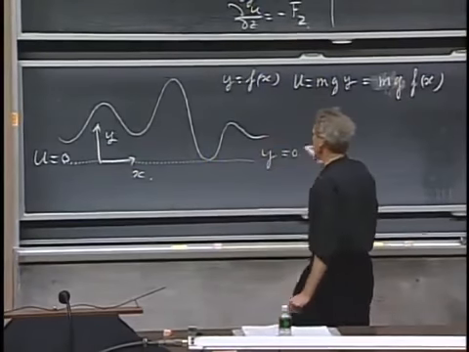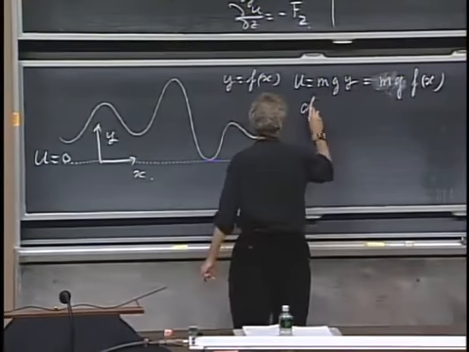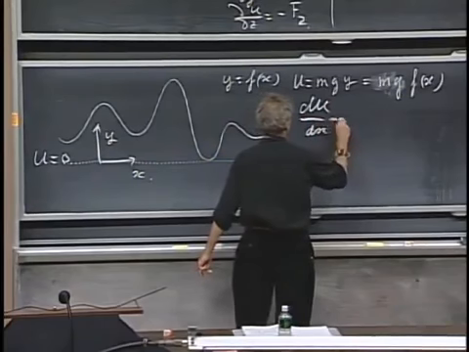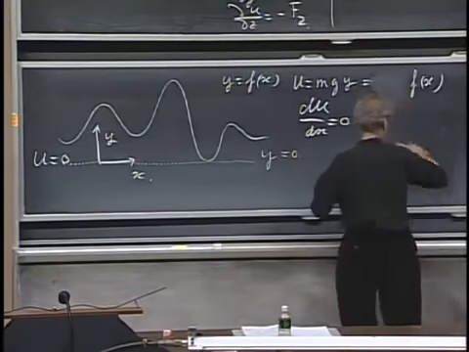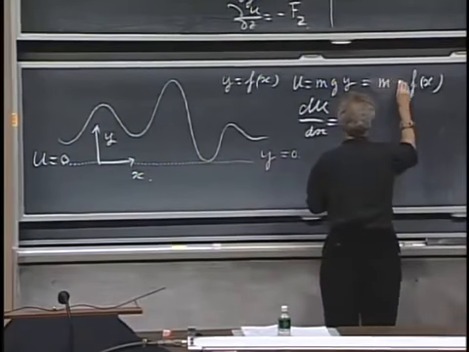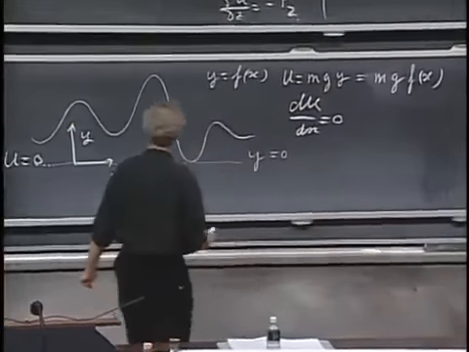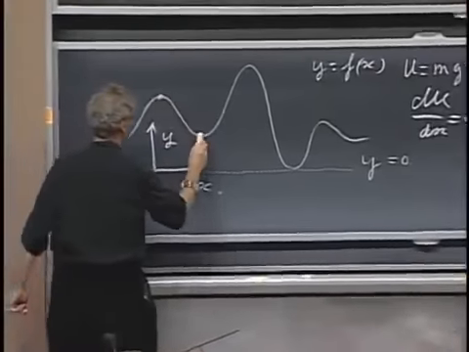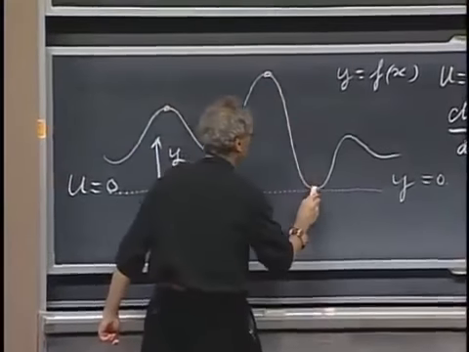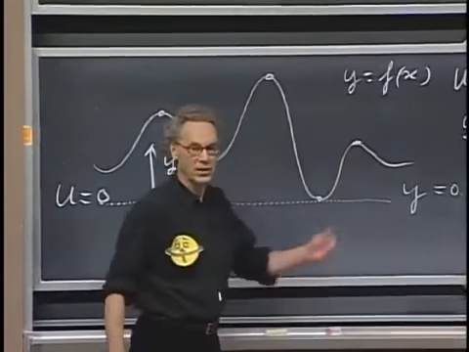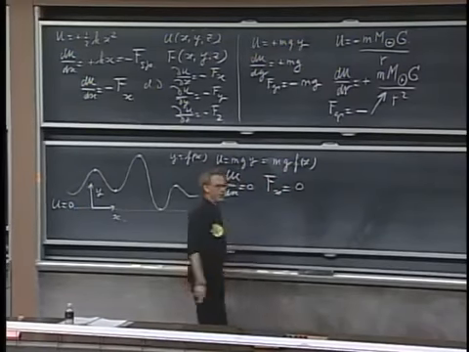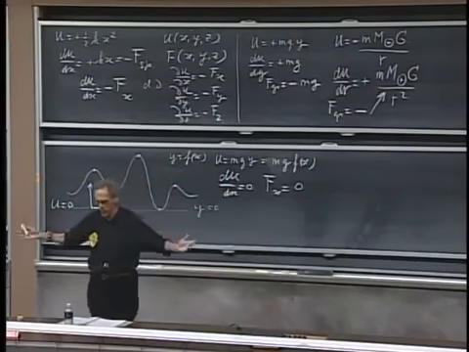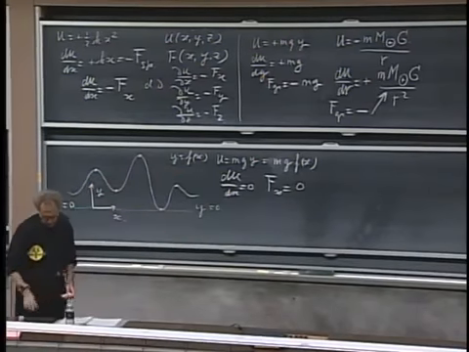There are points here where du/dx equals 0. I'll get a nice mg in here. Where 0, and where are those points? Those points are here, here, here, here, and here. If du/dx is 0, it means that the component of the force in the x direction is 0, because du/dx is minus the force in the x direction.